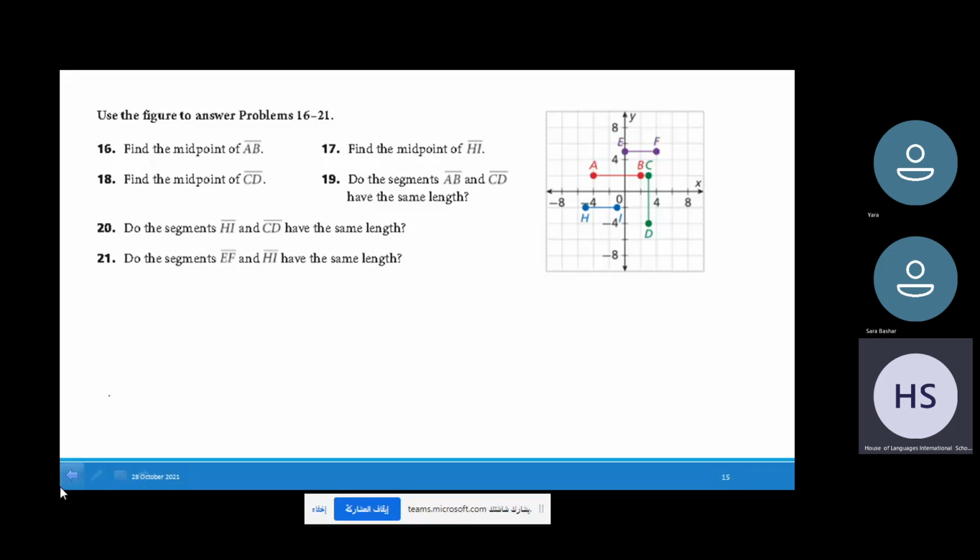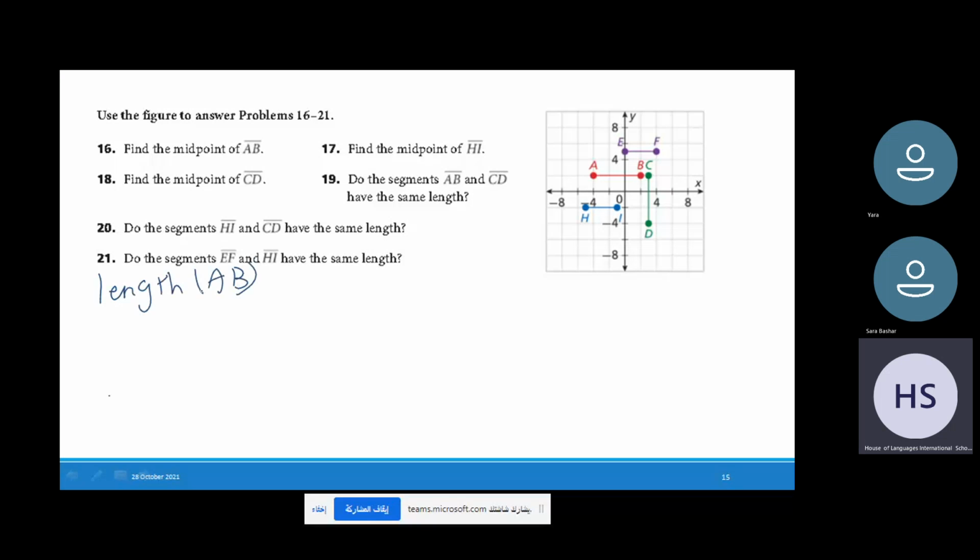For number 20. Now see number 19. Do the same. Do the segments AB and CD have the same length? Yes. Now, how will you find what is the length of each one? Look at AB. What is the length of AB? How do you know?